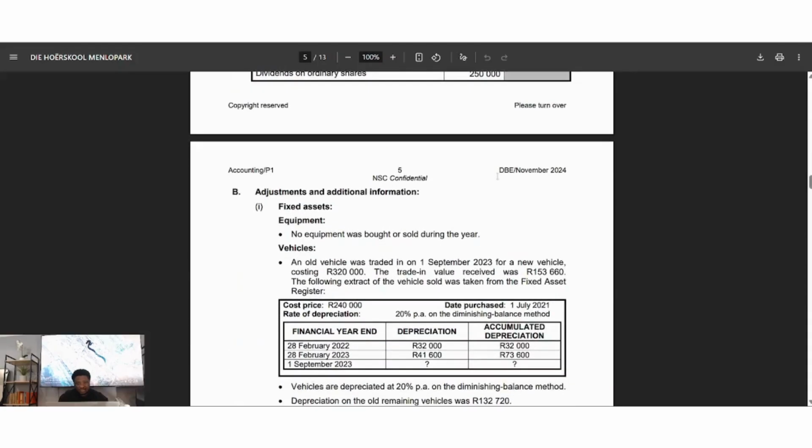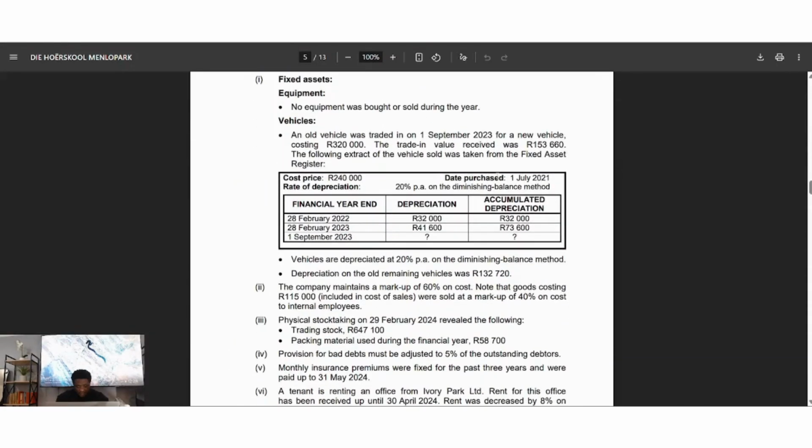Nothing much said, so the other information about vehicles, and here we're told about a markup. The company maintains a markup of 60% on cost. Note that goods costing 115,000 included in the cost of sales were sold at a markup of 40% on cost to internal employees. So we normally use a markup of 60%, but sometimes we make exceptions for our employees.